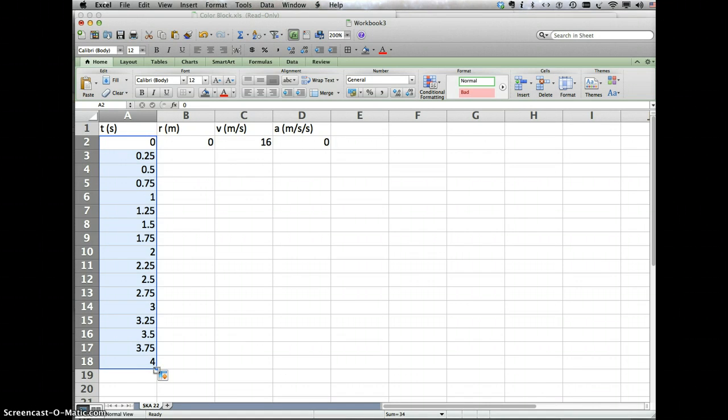Now I keep on looking at the given information, and the next thing that we will always do is look at what the acceleration is, if we have that given information, or if we have calculated a number.